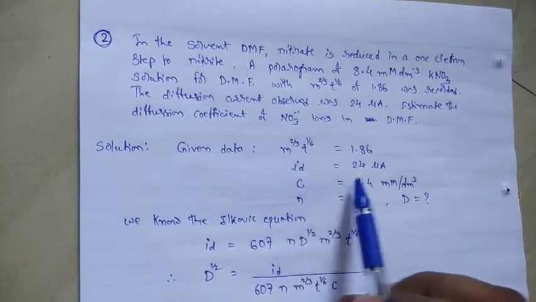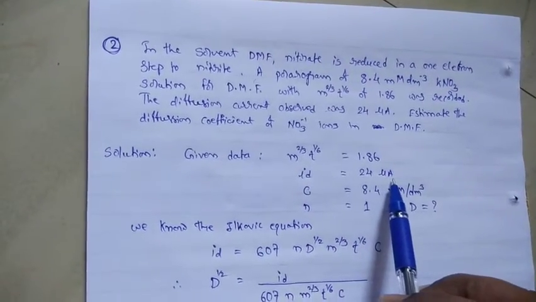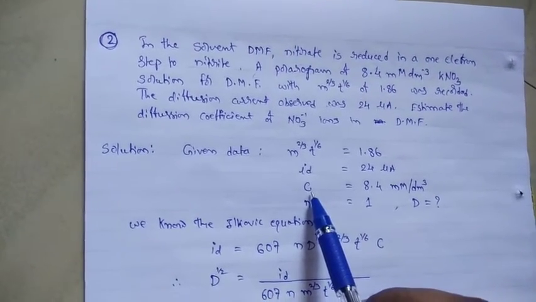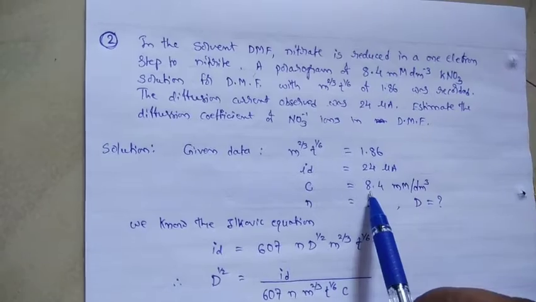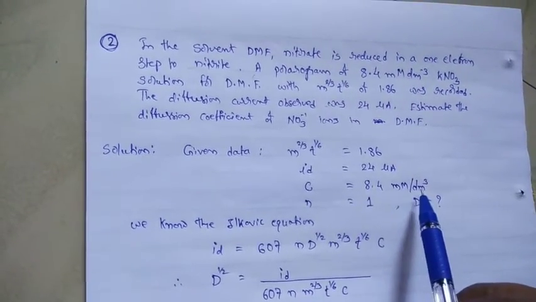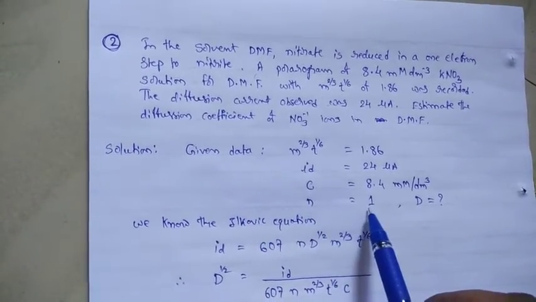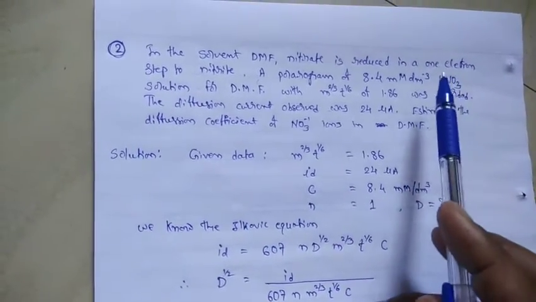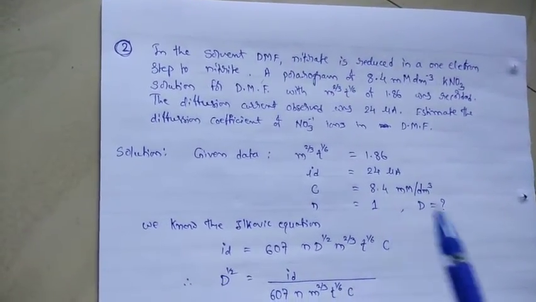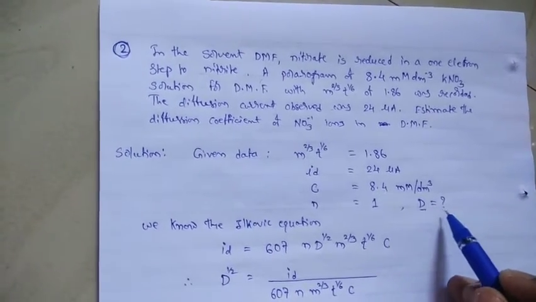Again, this id, that is the diffusion current, is given here as 24 microampere, and also the concentration of the nitrate ions is 8.4 millimole per dm cube. Okay, and also here n is nothing but 1, because only one electron is taking part in this process. Okay, so we have to calculate this D, that is nothing but the diffusion coefficient.